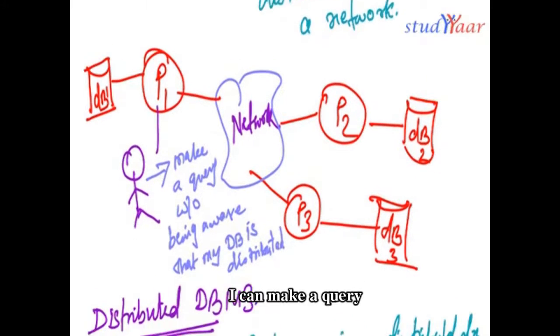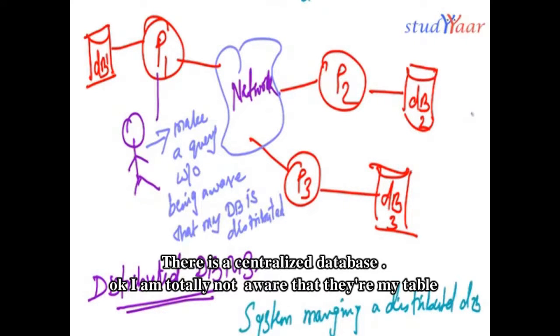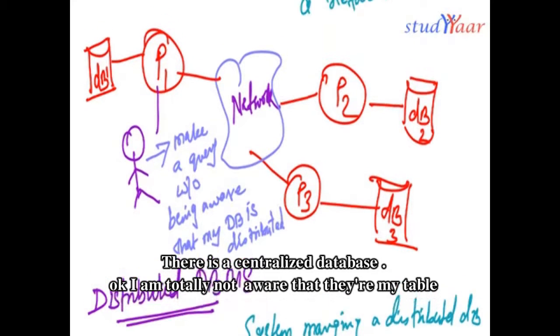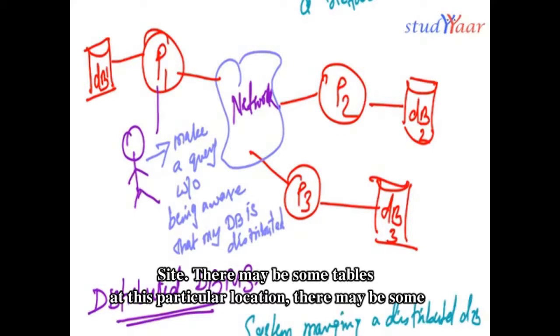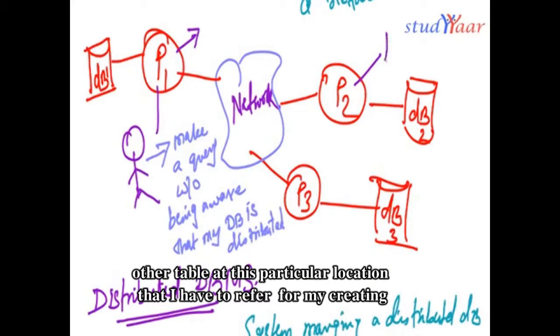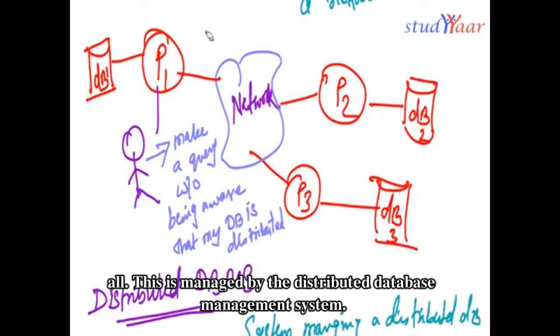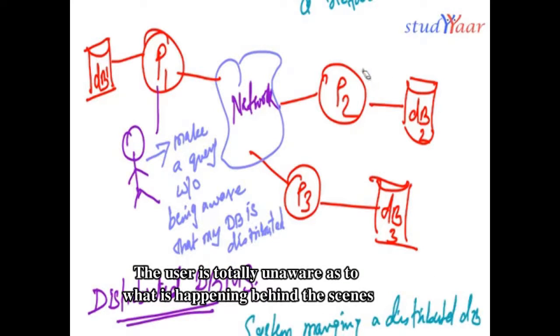I can make a query as if there is a centralized database. I am totally not aware of where my tables lie. There may be some tables at one location and some other tables at another location that I have to reference for my query. All this is managed by the distributed database management system, and the user is totally unaware of what is happening behind the scenes.